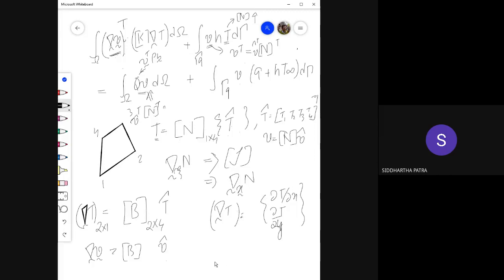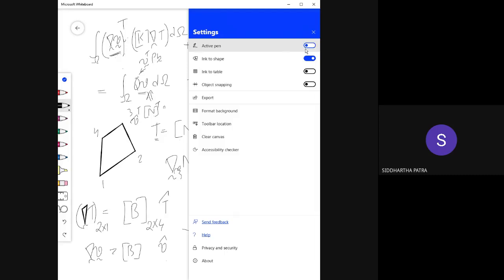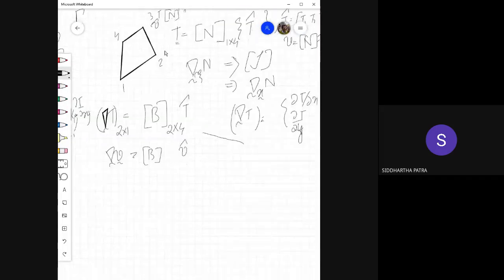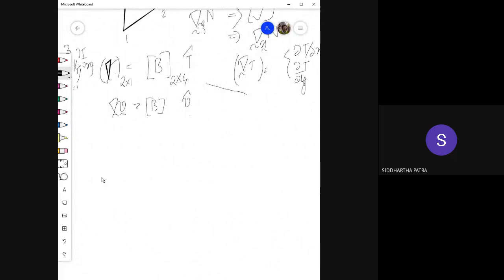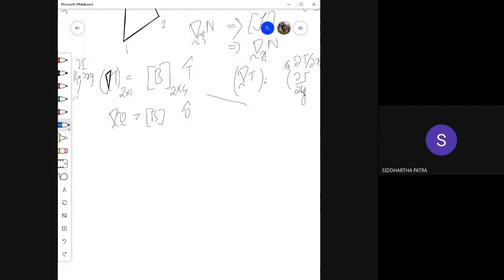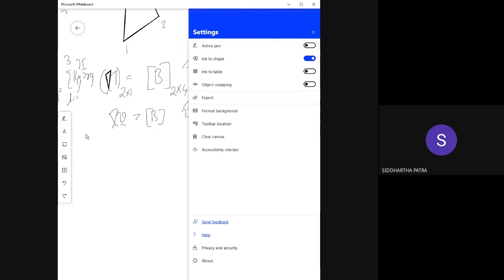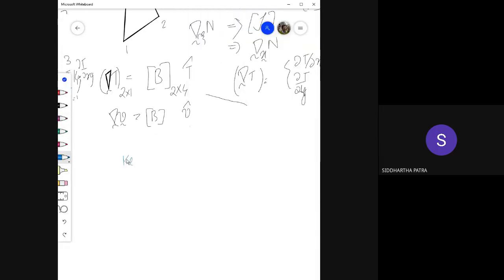So you will have an element stiffness matrix that would look like the integration of B transpose K B. K would be 2 cross 2 because we are doing it in 2D, and this one is 4 cross 2, and this one is 2 cross 4.